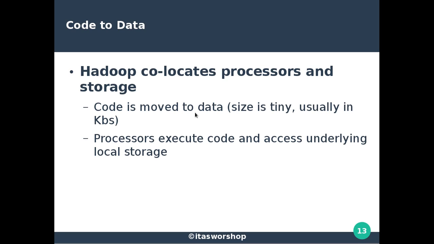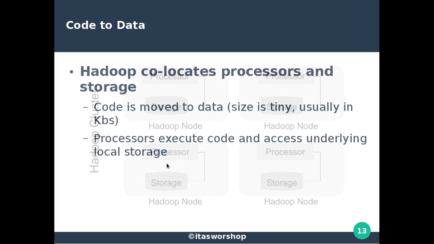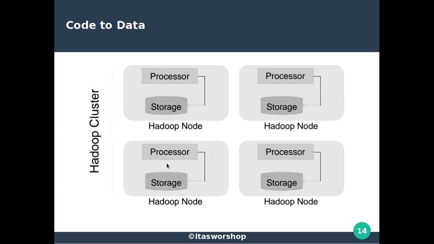Code is moved to data because code is of tiny size compared to the real data with which you are dealing, and processors execute code and access underlying local storage. So we are just sending the code to different nodes, and the underlying data can be taken from the local machine, and storage and CPU both can be taken from the local machine.